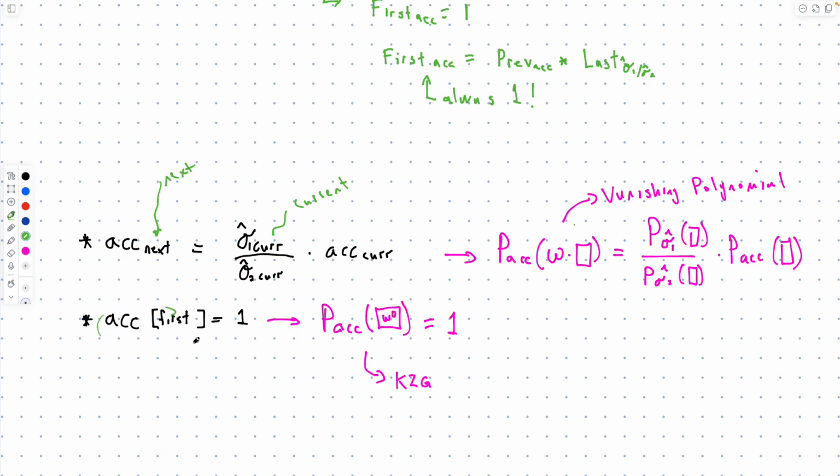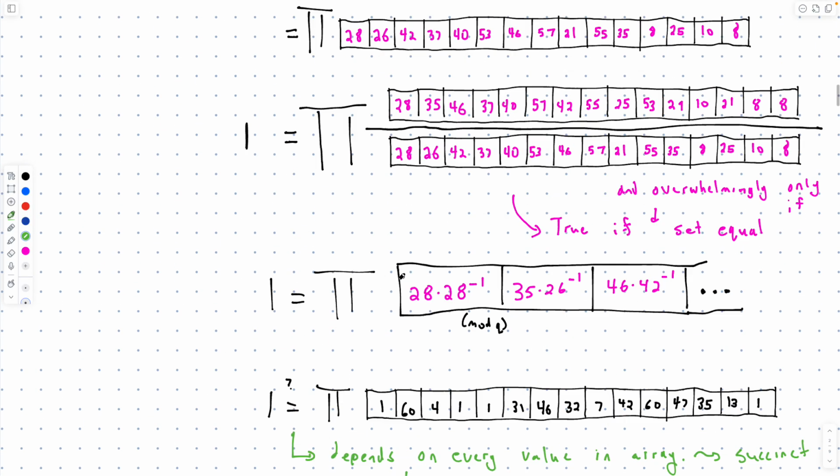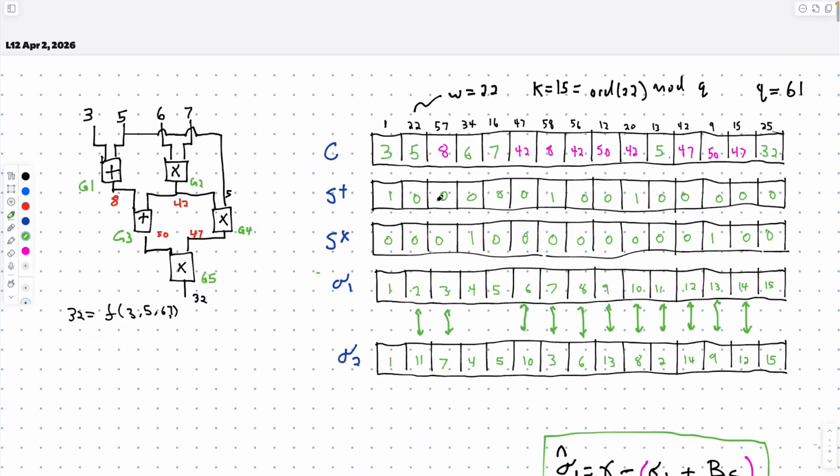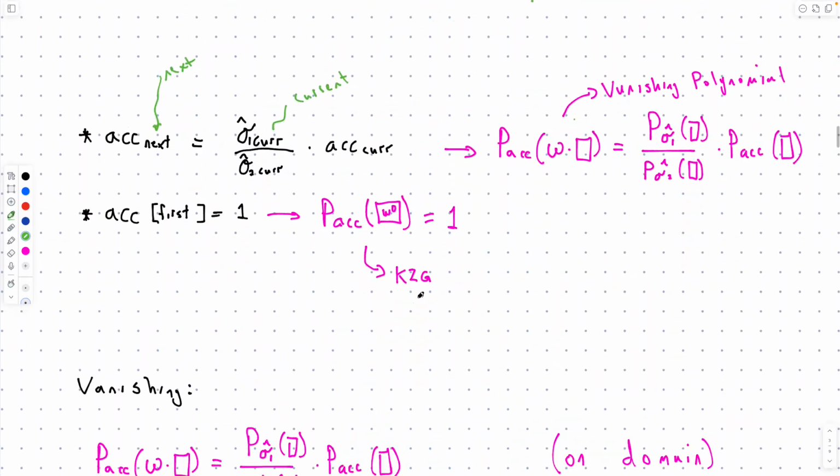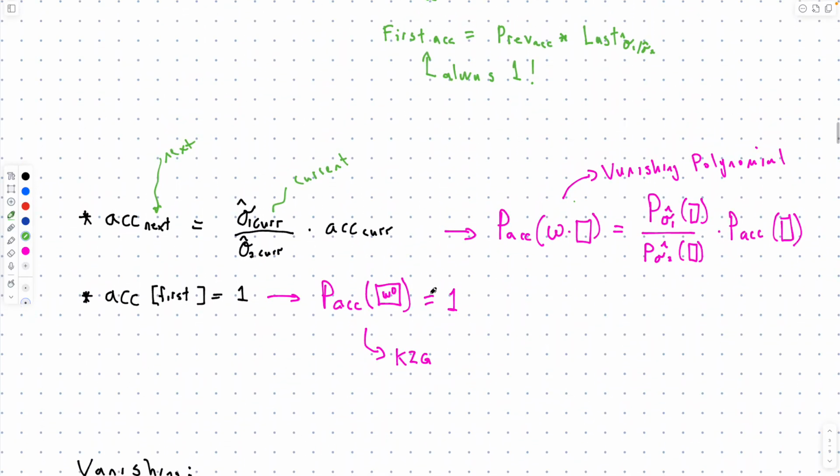And then the first element here, we're going to have to prove that it's 1. So where's the first element going to be in the polynomial? It's going to be at omega 0, which is 1. So it's going to be here. How do we prove that it equals 1 at this point?